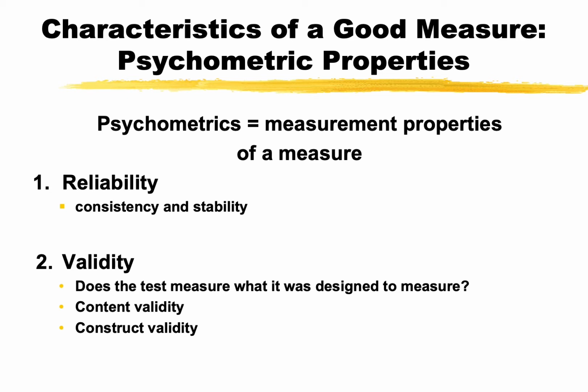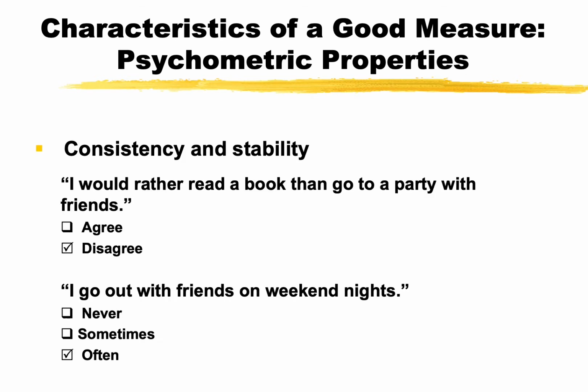Why is this important then? When test scores change, we would like to be able to conclude that the test taker has learned more or has changed somehow because of an intervention, for example. Without a reliable test, we cannot determine what a change in scores really means. Let's look at an example. Here are two items from a measure of extroversion.